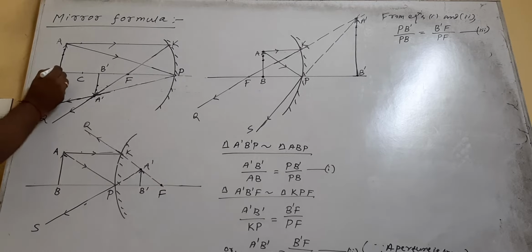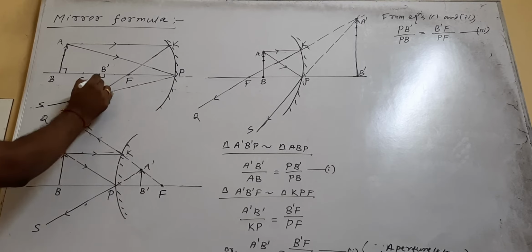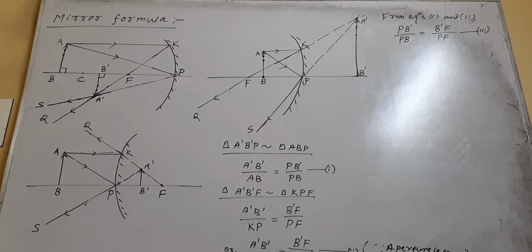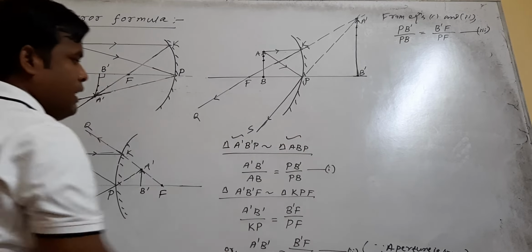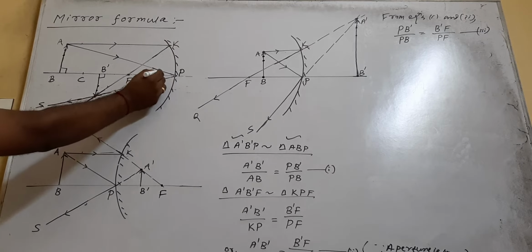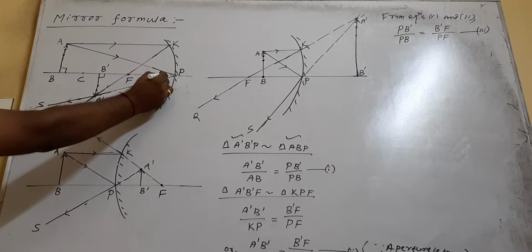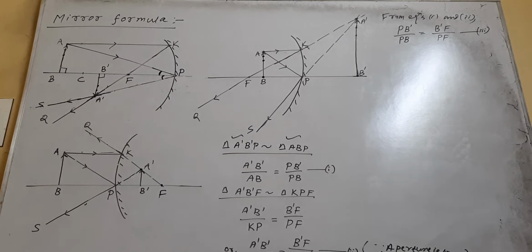You see, it is perpendicular, it is also perpendicular. Here we have taken these two triangles, triangle A'B'P and triangle ABP. And this angle is equal to this angle. Why? Because angle of incidence is equal to angle of reflection.